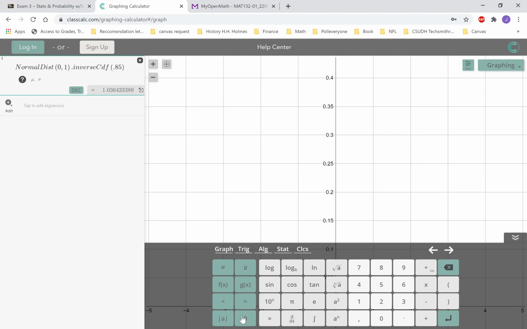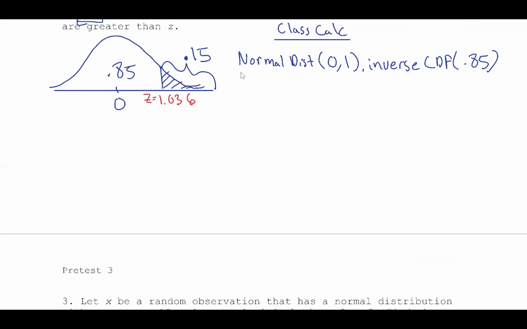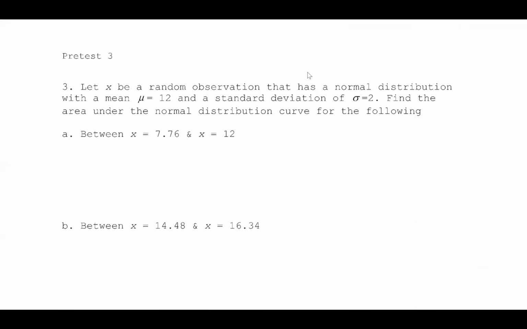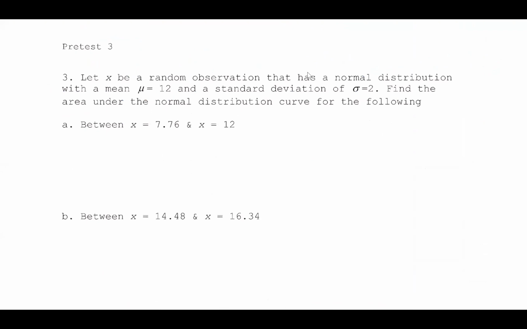All right, so let me go ahead and switch over. All right, so let's do 3 now. So for this one, it said, let X be a random observation that has a normal distribution with a mean equal to 12 and a standard deviation of sigma equal to 2.